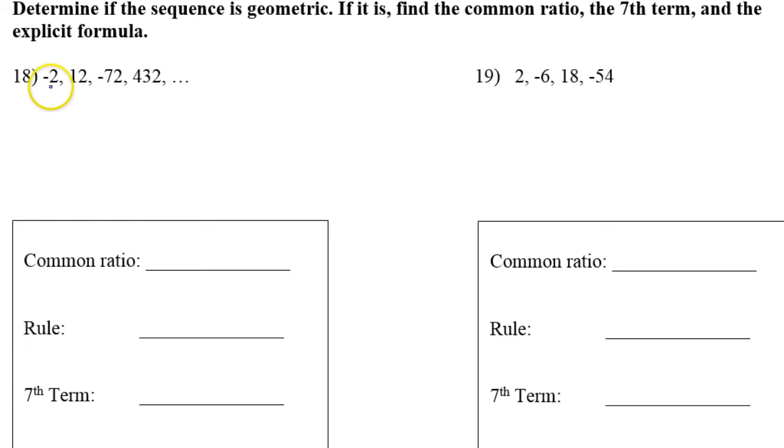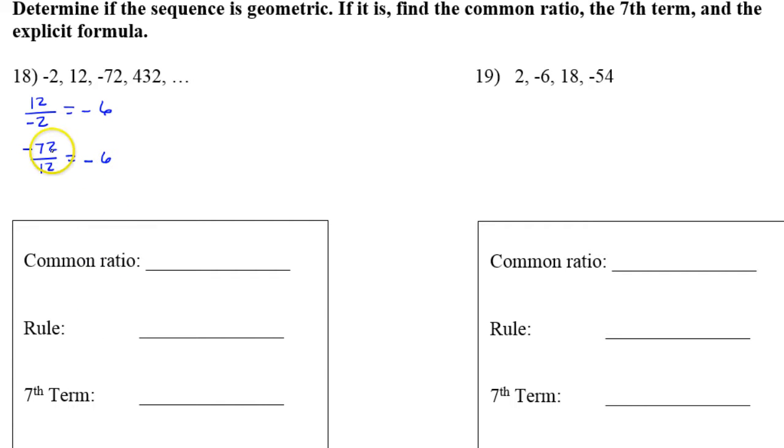Each term divided by the previous term. So, for example, if I do 12 divided by -2, that's -6. All right? How about the next pair? If I do -72 divided by 12, that is also -6.